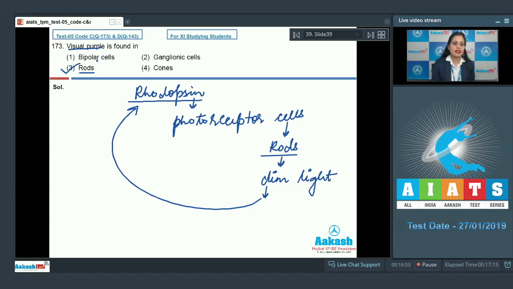The rest of the options, that is bipolar cells, ganglionic cells and cones, are the incorrect options. These are the cells which are present in retina, but visual purple is present in rods only. So the correct answer to this question is option number 3. Let's proceed to the next question.